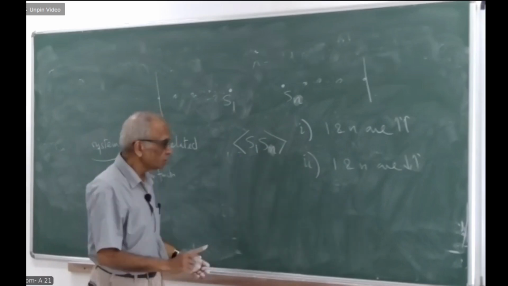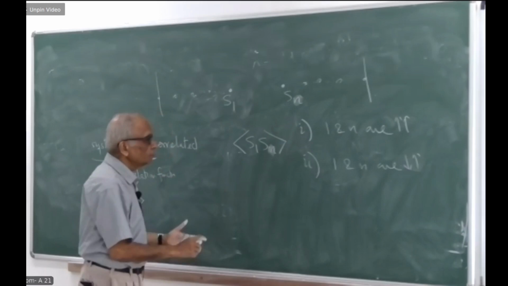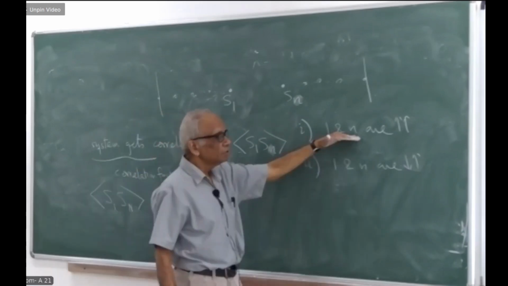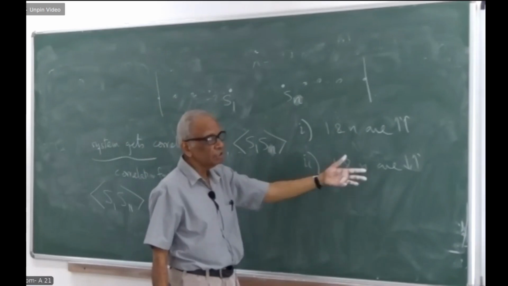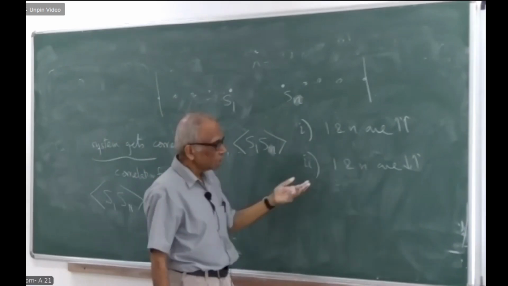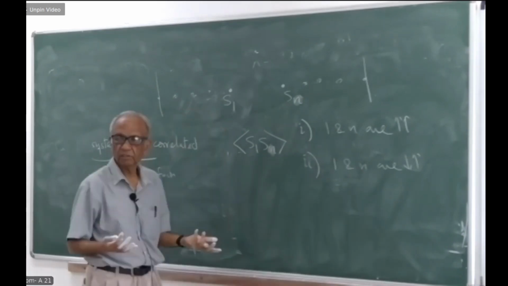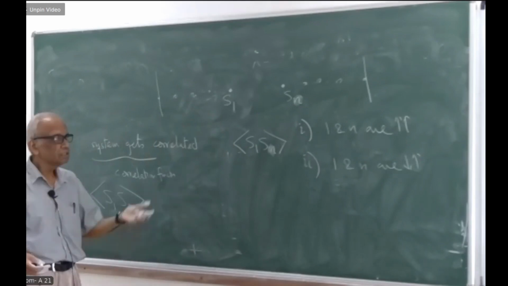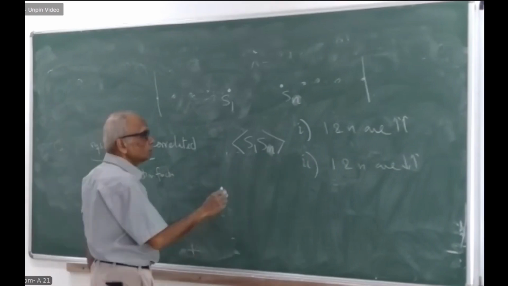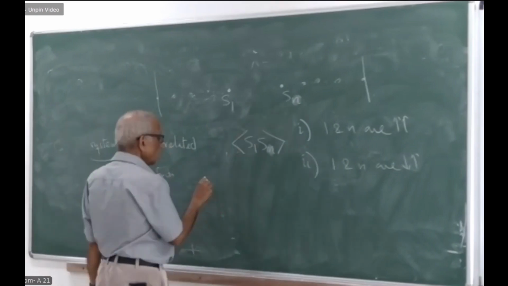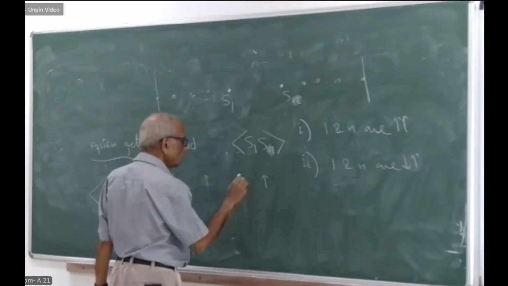So the question is, with parallel, how many configurations? With anti-parallel, how many configurations? And then divide out by the total configurations. That is the expectation. So how many configurations? I have this spin up over here and this spin up over here.